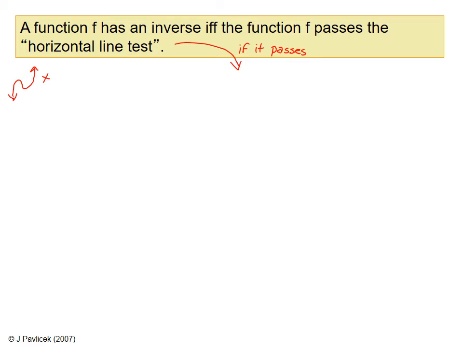So you'll recall from when you learned about functions that a graph represents a function if it passes the vertical line test. Well, in order to determine if a function has an inverse, once you've already determined that it is a function, it will have an inverse if it passes the horizontal line test.